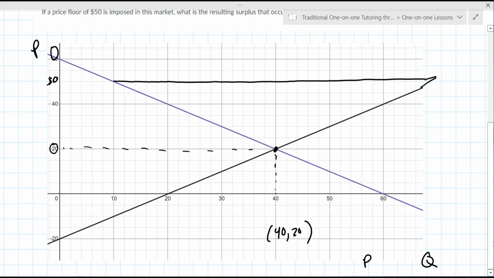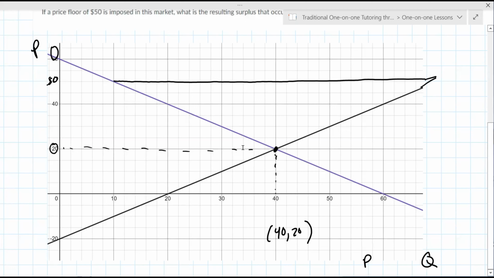So it's binding because the price is above the equilibrium price. Let's just say it's something you had to have, like an Uber ride home. You're not going to walk, so you just pay the extra.